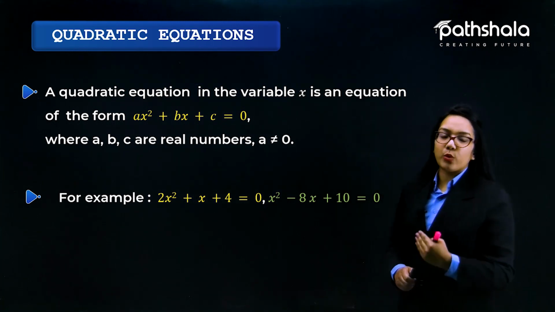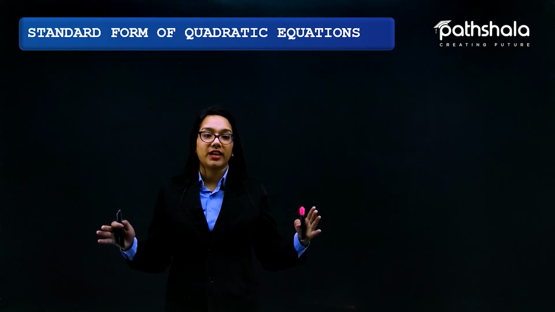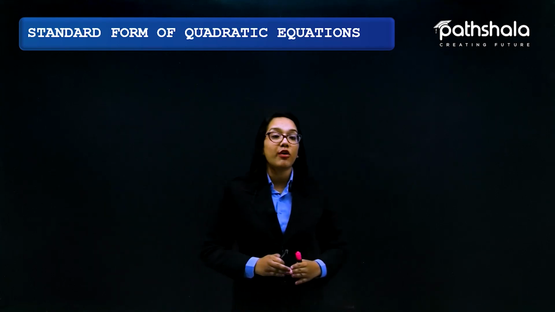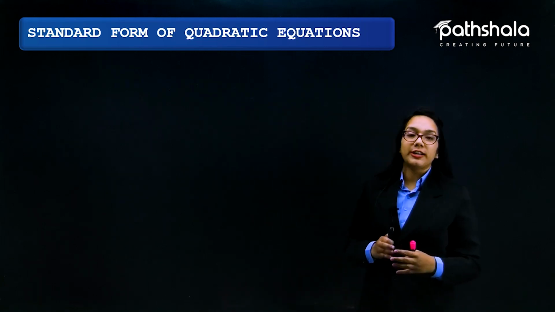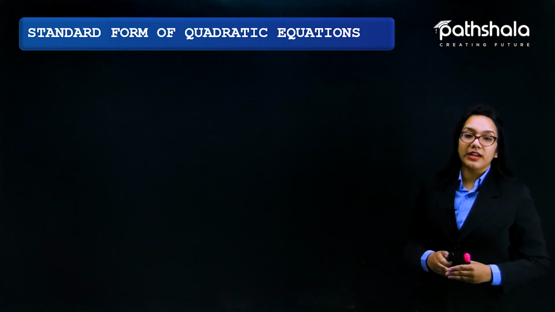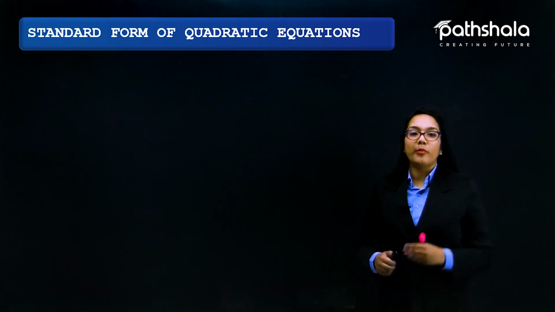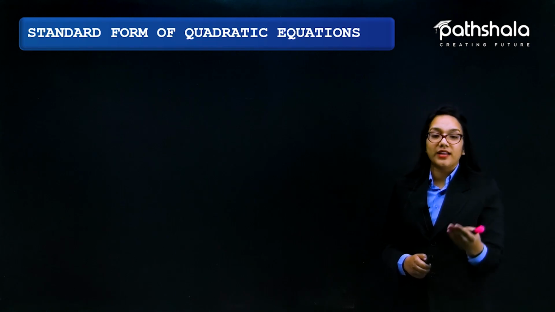Let us move further and talk about the standard form of a quadratic equation. What is the meaning of the standard form of a quadratic equation? As per the definition, whenever we take the quadratic polynomial equal to 0, we are talking about a quadratic equation.